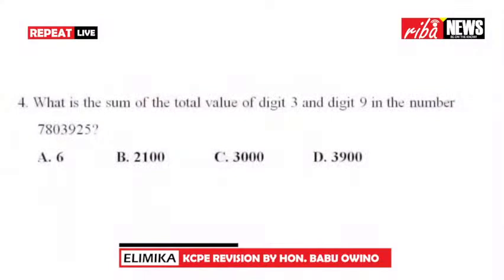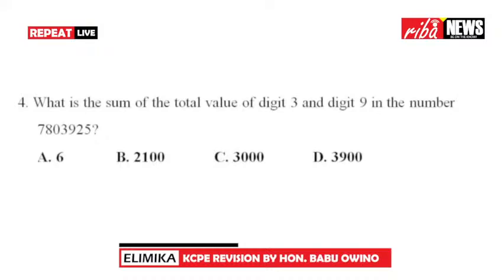What is the sum total value of digit 3 and 9 in the number 7,803,925? This is question 4. So what is the sum of the total value? The keyword here is sum. Sum means addition, the total value.